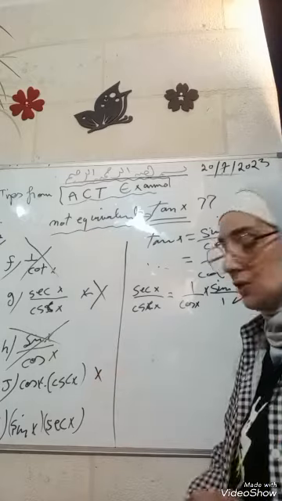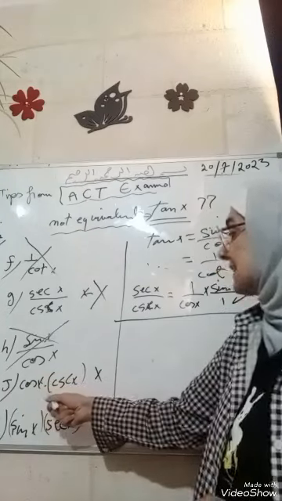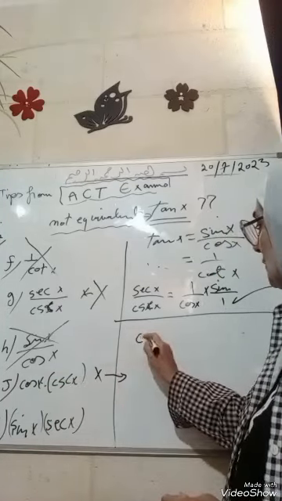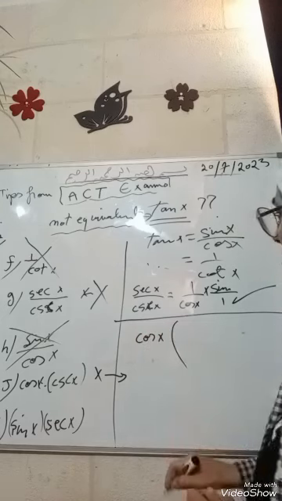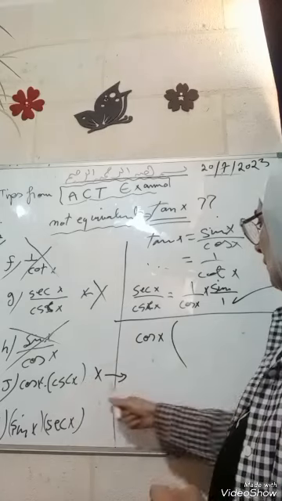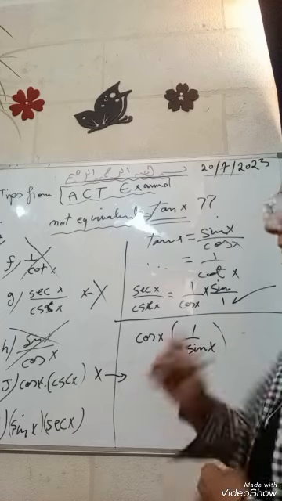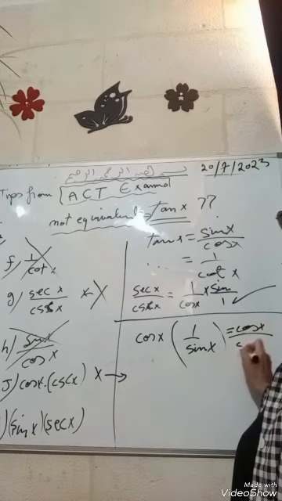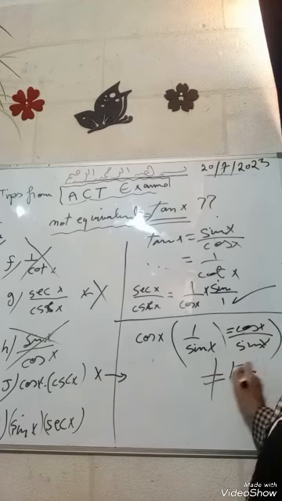Let's go to the J branch, which is cosine x times cosecant x. So it is cosine x times cosecant. Cosecant is what? It is 1 over sine x, right? So it equals cosine x divided by sine x, and here it does not equal tangent x.